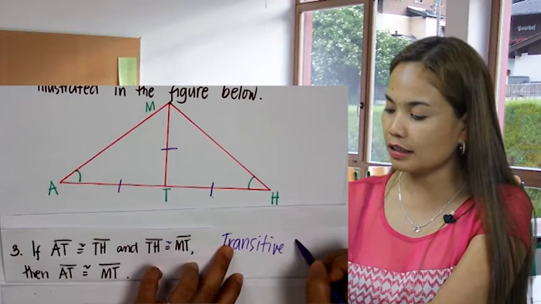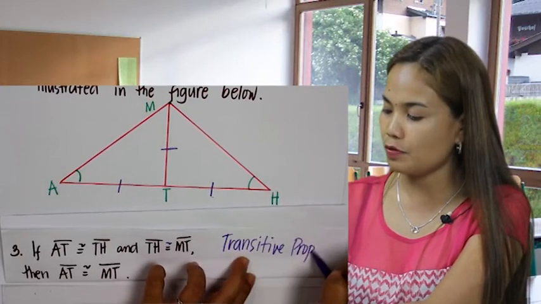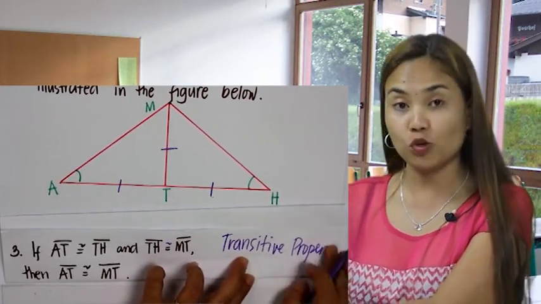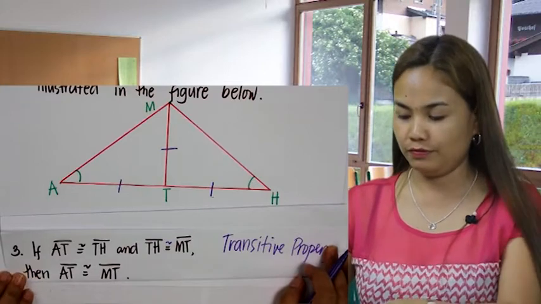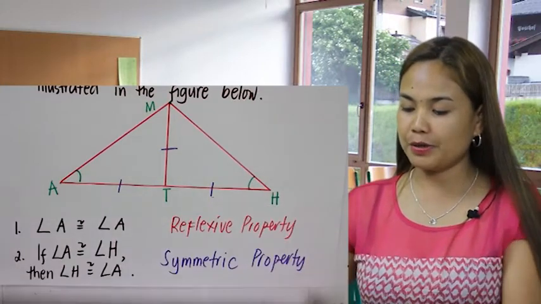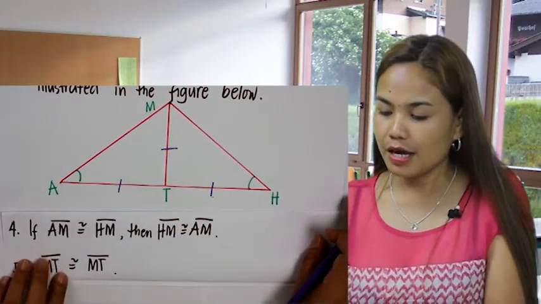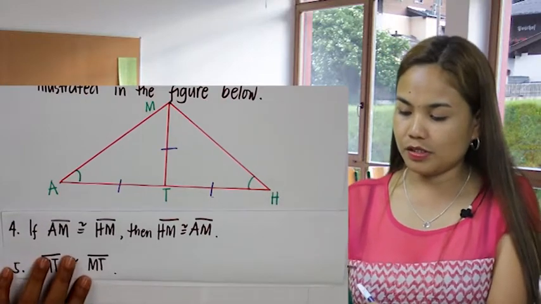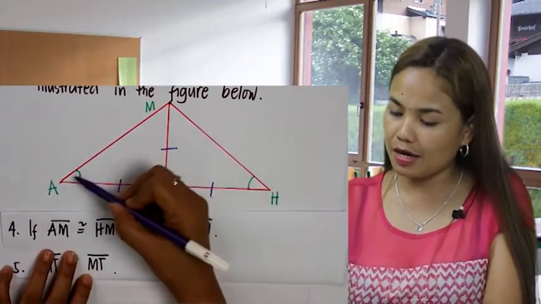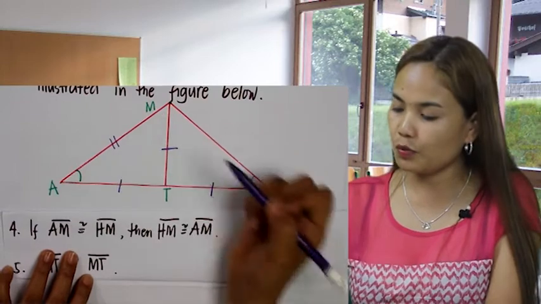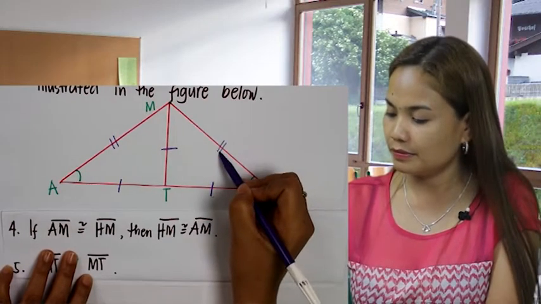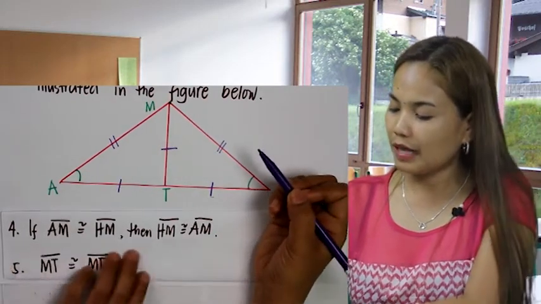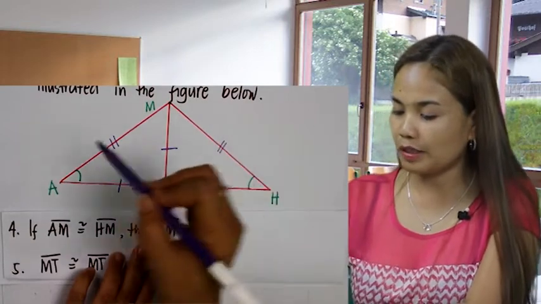For the transitive property, class, just remember that there are three elements involved. Okay? So, in number 4, if AM, so where is AM? AM is congruent to HM. Then, HM is congruent to AM.